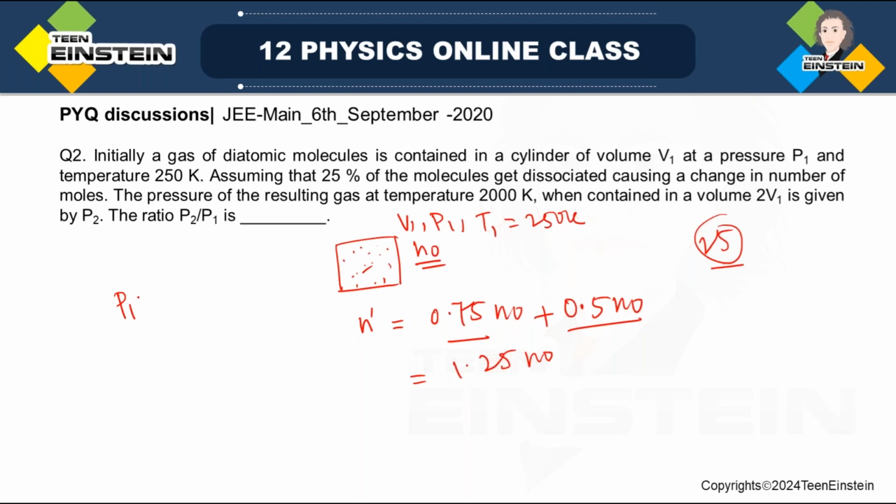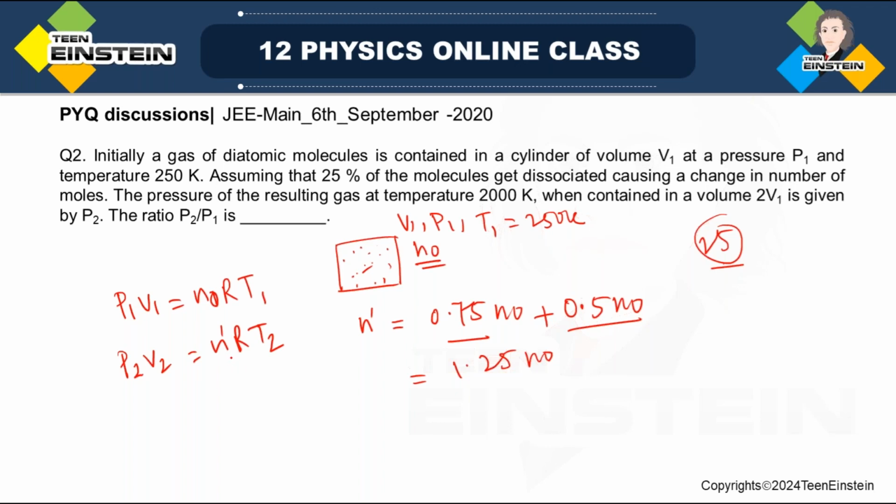Now look what I can write. P1 V1 is equal to N1 RT1, where N1 is n0. Similarly, I can write P2 V2 is equal to n prime R T2.